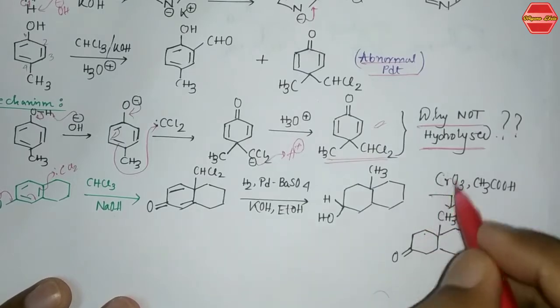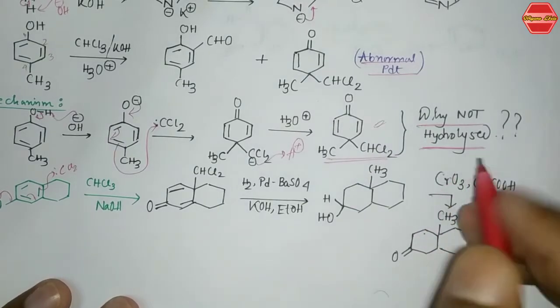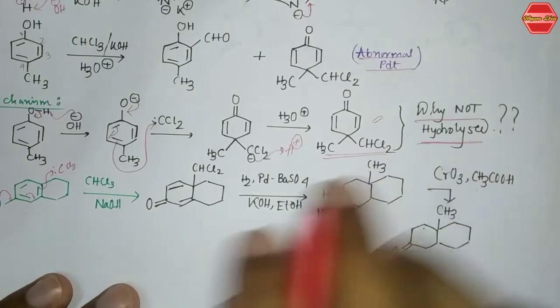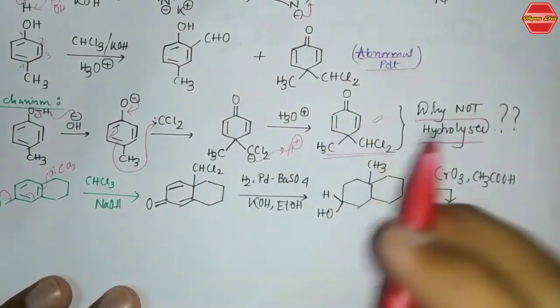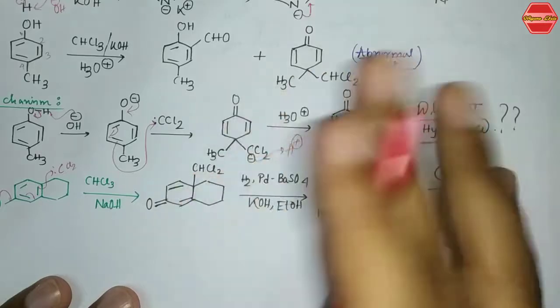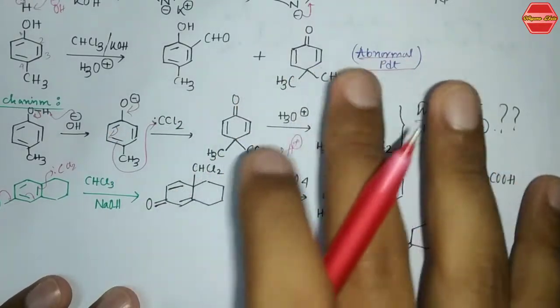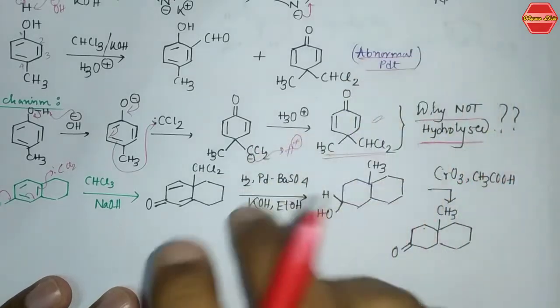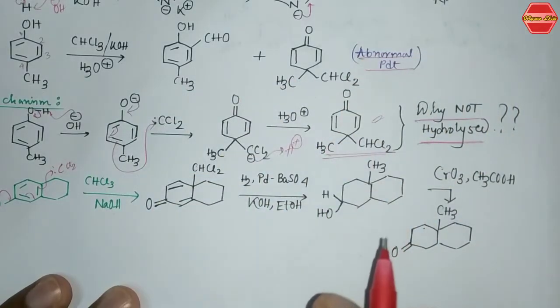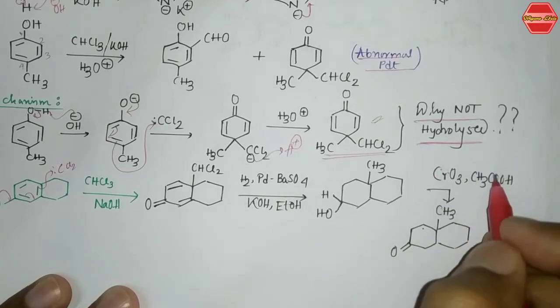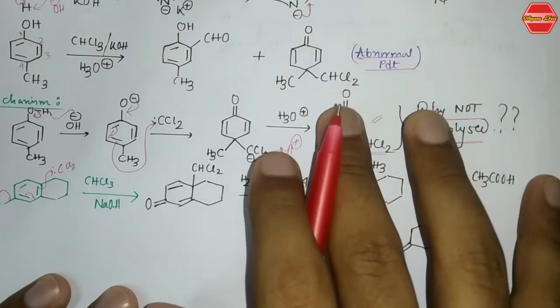Now when you are using CrO3 in acetic acid, that is your oxidizing agent, if you don't have any idea of this oxidizing agent, you can go over here. I have already made different types of oxidizing agents and an oxidation reaction series. You can go over here for the overall oxidation reactions, right? So if we are using CrO3 and acetic acid, I am not writing the overall mechanism for this reaction.